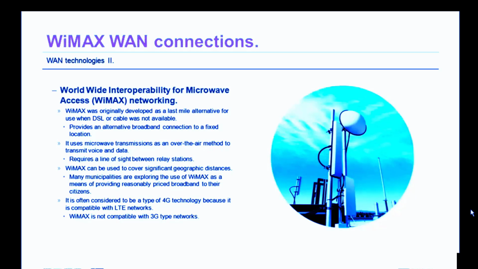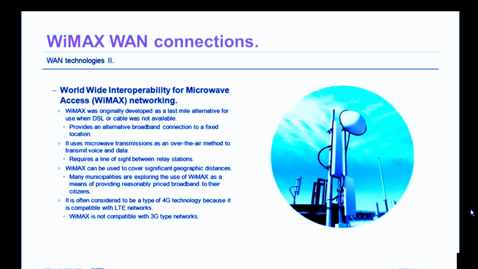It uses microwave transmissions as an over-the-air method to transmit voice and data. It does require line of sight between relay stations. But WiMAX can be used to cover significant geographic distances.